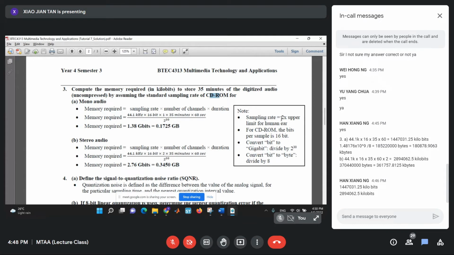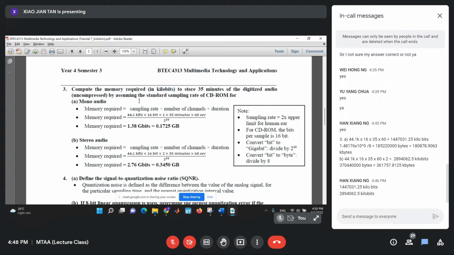The sampling rate is 2 multiplied by the upper limit of the human ear, and for CD-ROM it is 16-bit. Then convert the bits to gigabits by dividing by 2 to the power of 30. This is just to convert to gigabits, not converting anything else. If you want to convert bit to byte, you need to divide by 8, but since the question is not asking for bytes, you don't need to divide by 8.